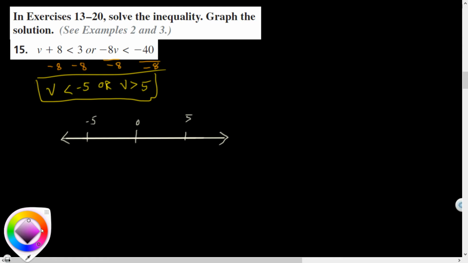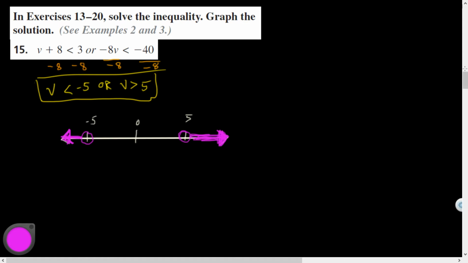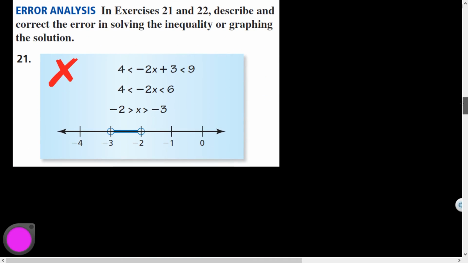I'll use purple, I guess. This would have been an open circle at negative 5 shaded to the left, less than, or open circle at positive 5 shaded to the right. Greater than. Right. Good stuff. I've got one more. Perfect. Describe and correct the error.